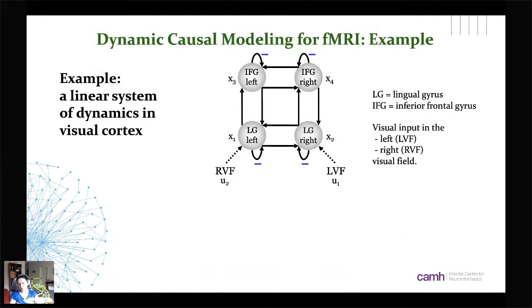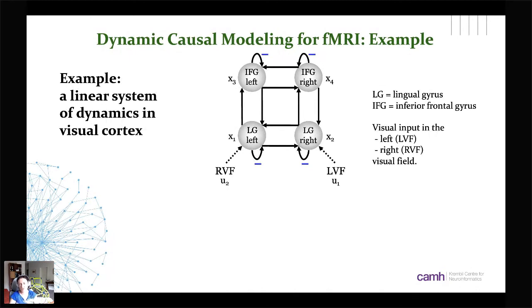So let's take the previous example. We have this kind of toy network that we're looking at, and let's figure out how DCM is applied in practice. So we have an example in which visual stimuli are presented to the left and the right visual hemifield. So we have a model that incorporates previous knowledge.